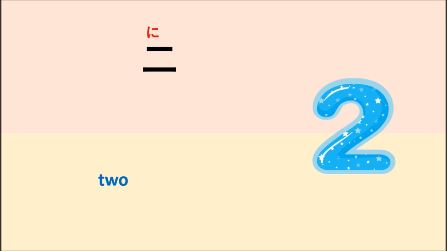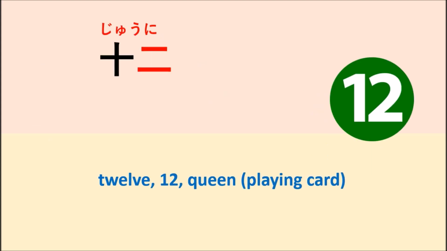In here we say ni. Ni means two, just the normal number 1, 2, 3. So if you say two, you can say ni. Juni means 12, or queen in playing cards.